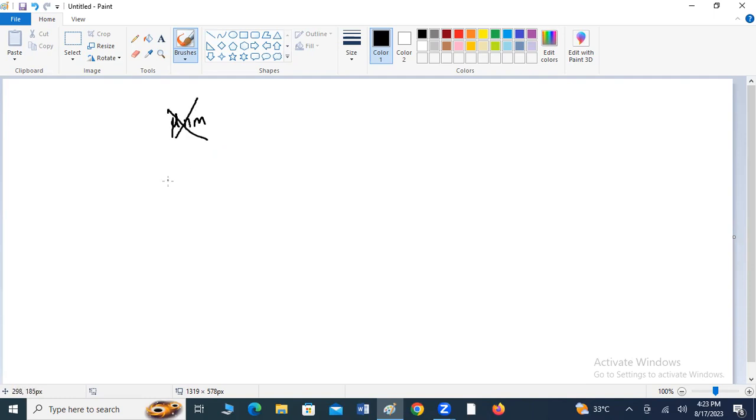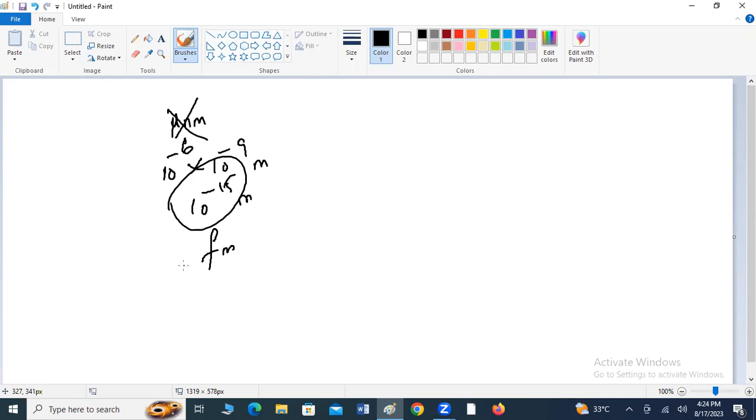This is wrong. You have to first of all convert them into values. Micro stands for -6, nano stands for -9. Then you can add them. It would become 10 raised to power -15 meter. Then you can write it as femtometer because this is the value for femto.